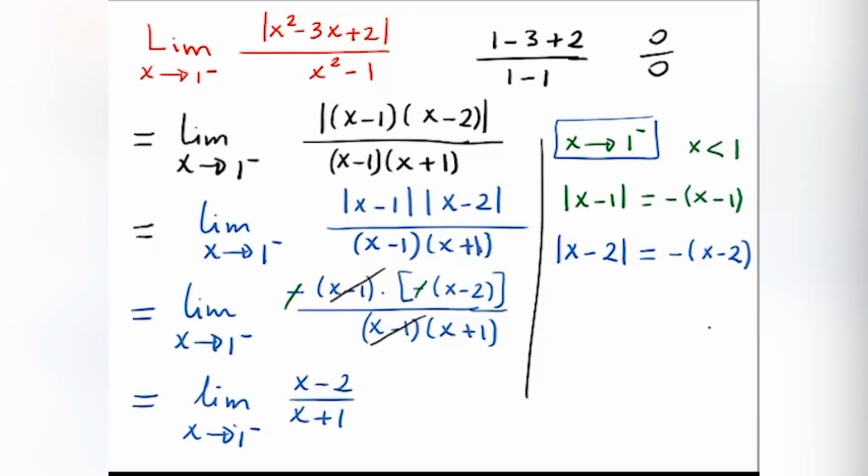As you see now, this limit is not of the form 0 over 0. As x goes to 1, the numerator goes to 1 minus 2, which is negative 1, divided by 2. It's very simple, but we need to take care about how to calculate or simplify the absolute values.